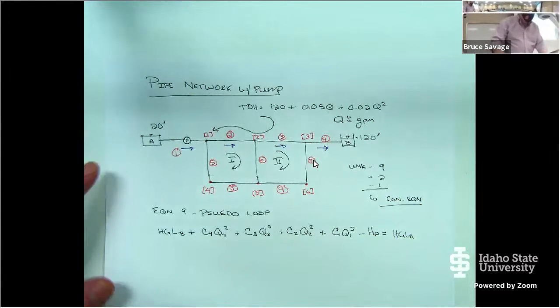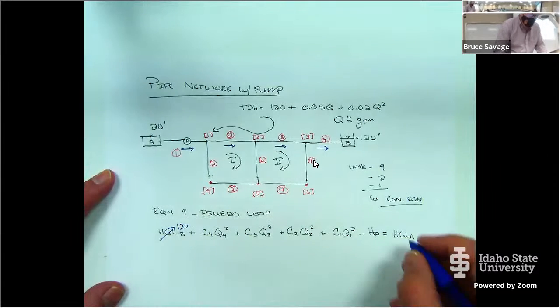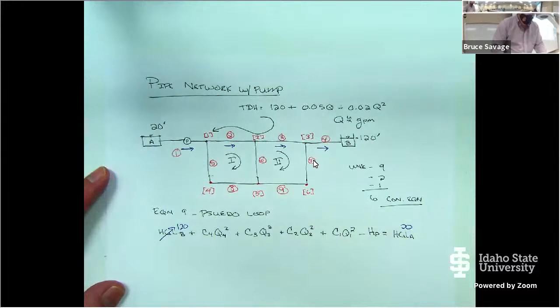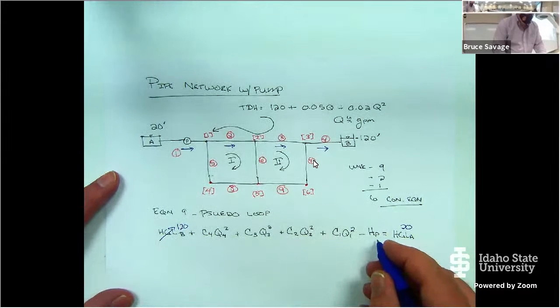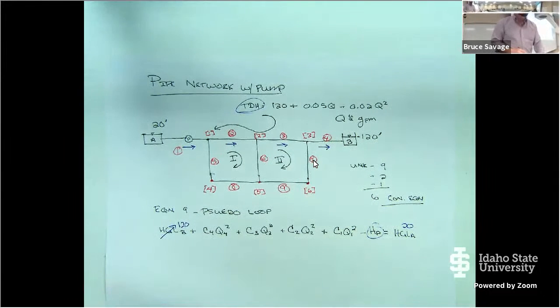Now, of course, I can come in here and say, well, I know the hydraulic grade line at B is 120, and I know the hydraulic grade line at A is 20. And I know the head of the pump. The head of the pump is the total dynamic head up there.